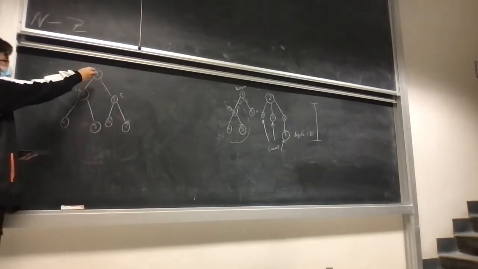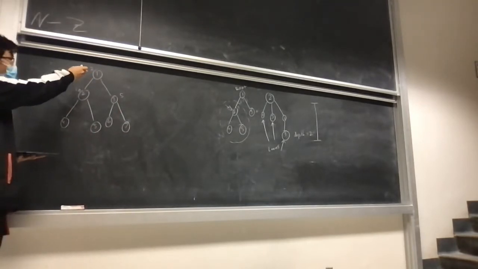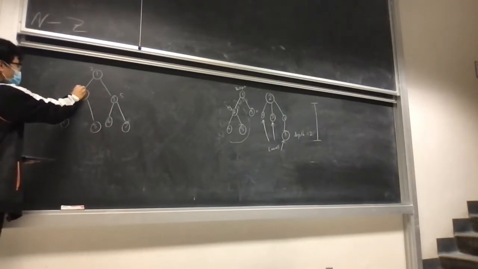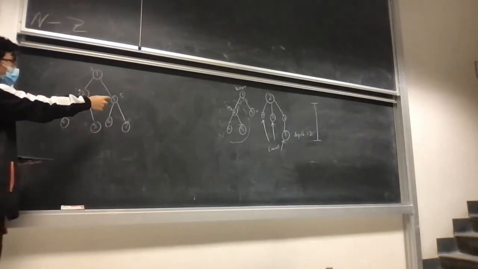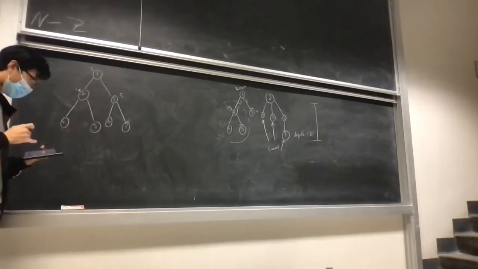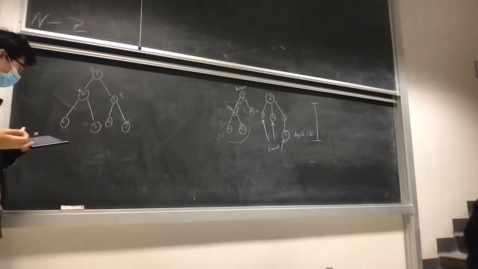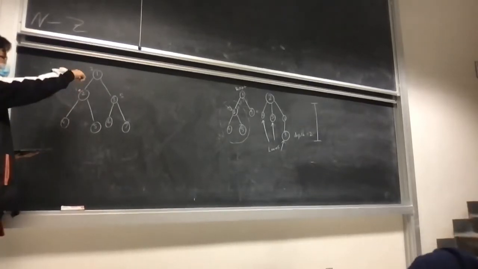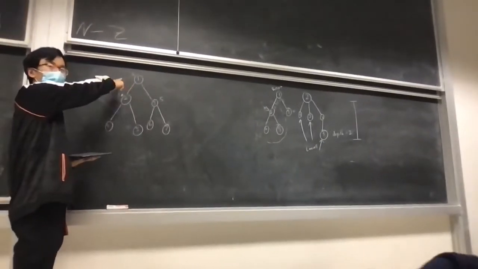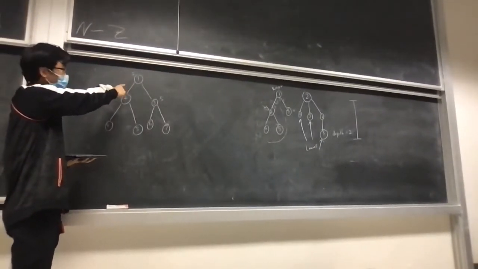Okay, so here we have a value of 2 associated with node 1, a value of 10 associated with node 2, and then 5 with node 3. And the property of a binary search tree is that the value of the left child of a node is always smaller than the value of the node itself.